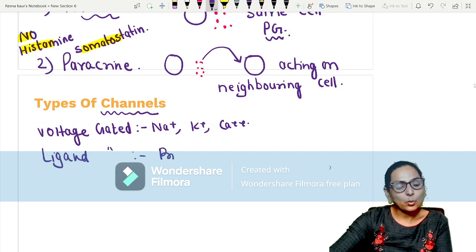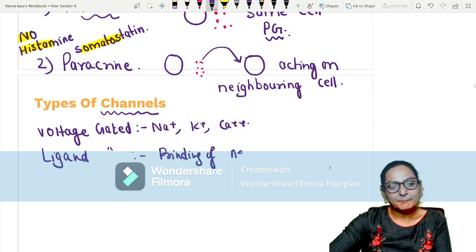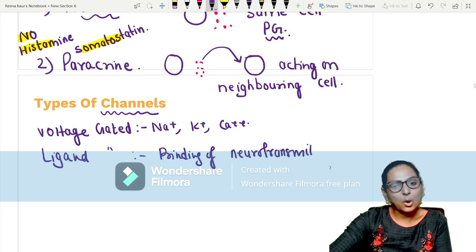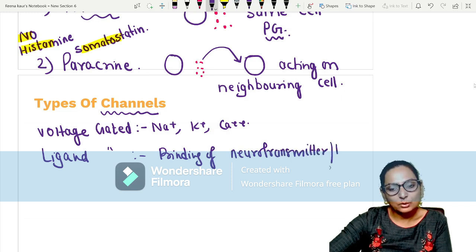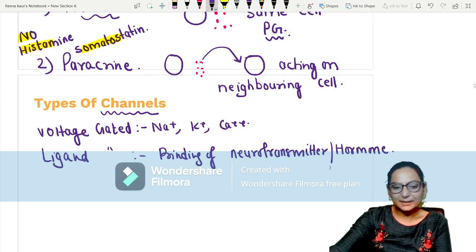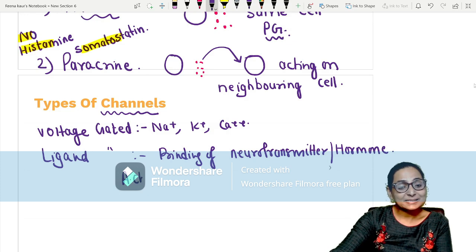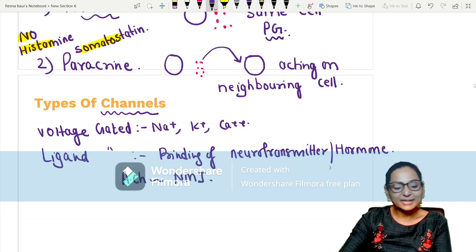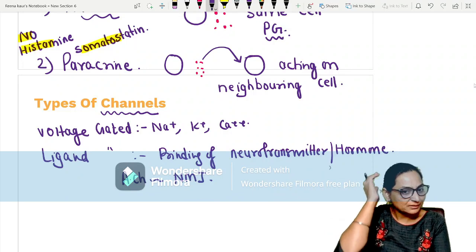Ligand gated means they open with binding of neurotransmitter or hormone. So when the hormone or the neurotransmitter binds, they will open. For example, we saw acetylcholine channels at the level of NMJ, which we called nicotinic cholinergic receptors.